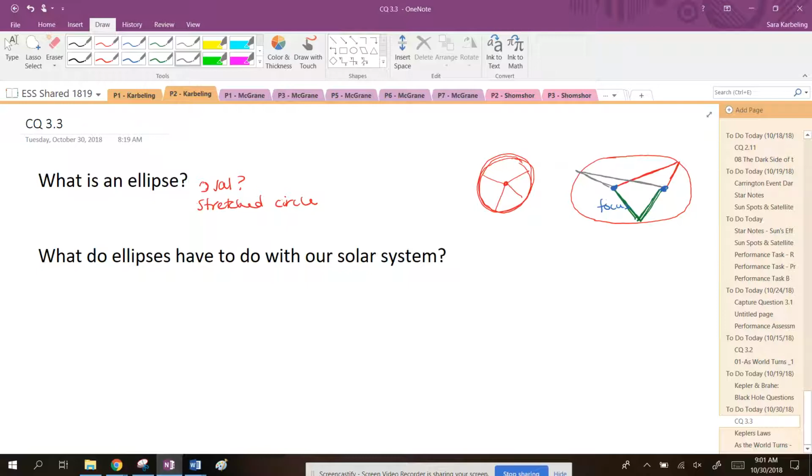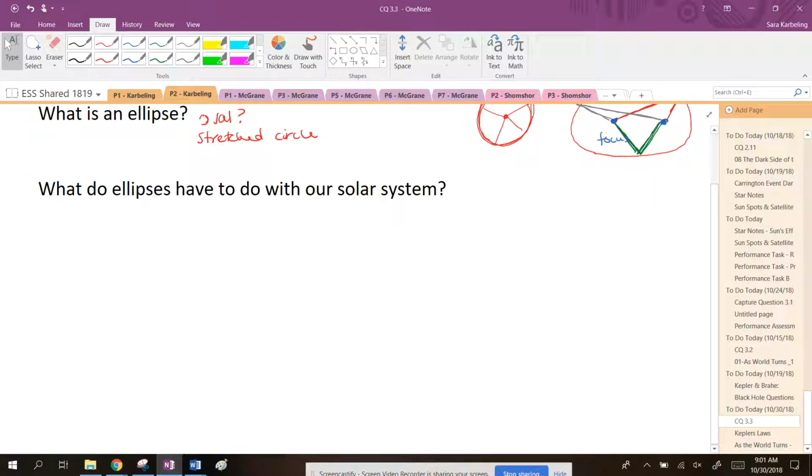So we're going to write this down, and then I have to point something out to you that's kind of interesting. So what does it have to do with our solar system? All of the planets orbit the sun in ellipses. Their trajectory, or the shape of their orbit, is always an ellipse.